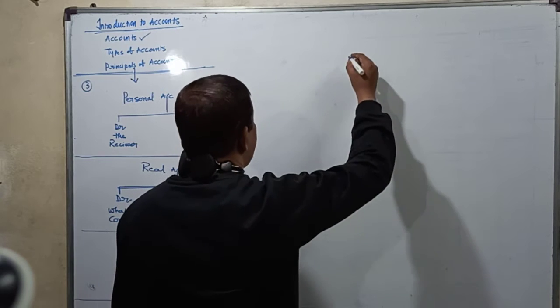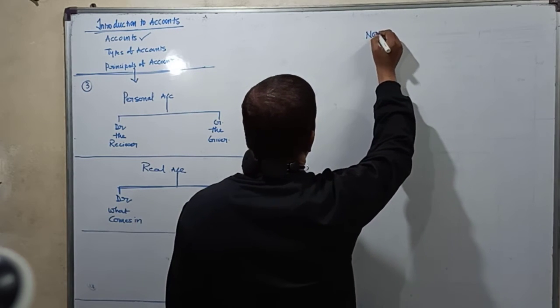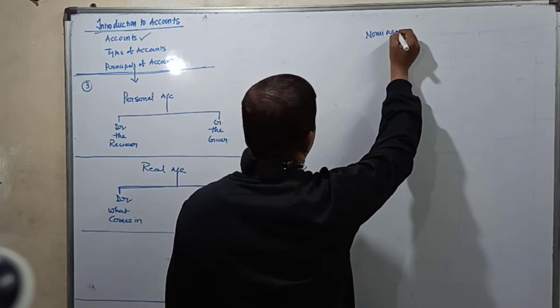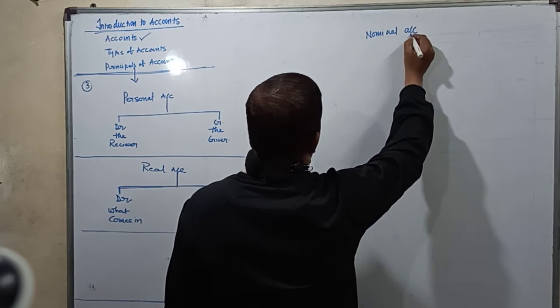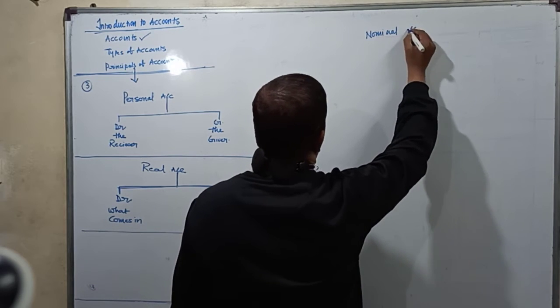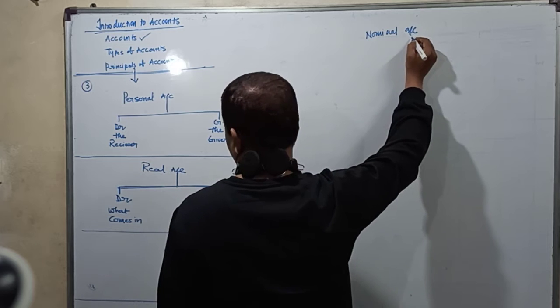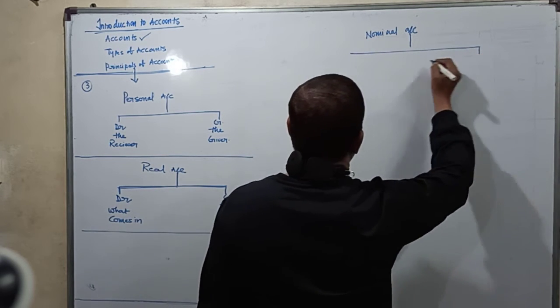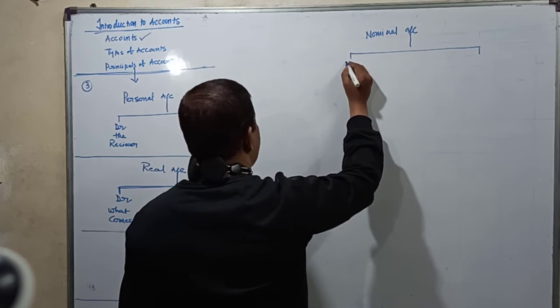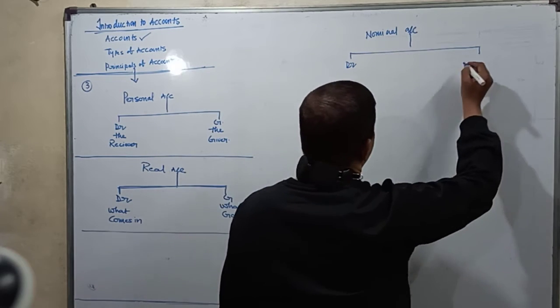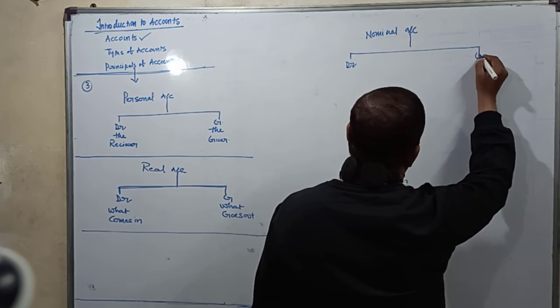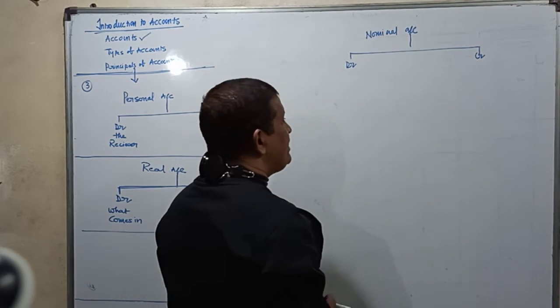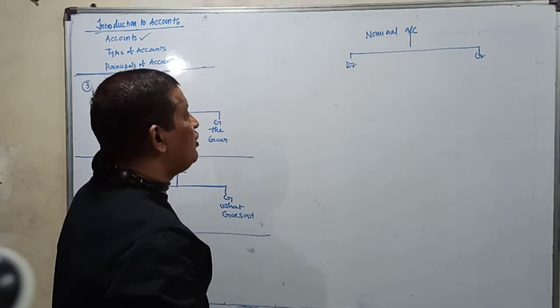And finally we have nominal account. Again we are talking about account. We said account has two sides, the left hand side and the right hand side. The left hand side is called debit side, denoted by DR. The right hand side is called credit side, denoted by CR. Now what is the rule for nominal account?